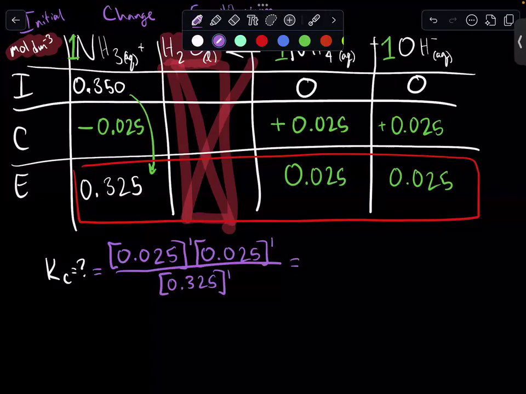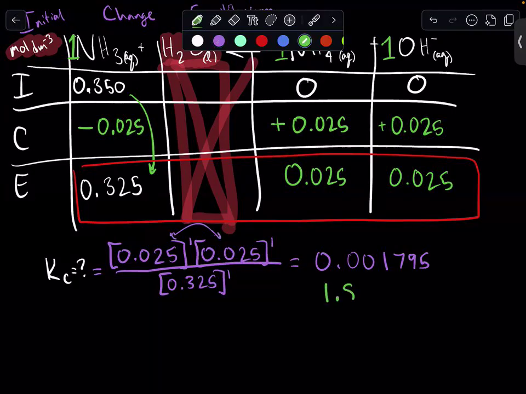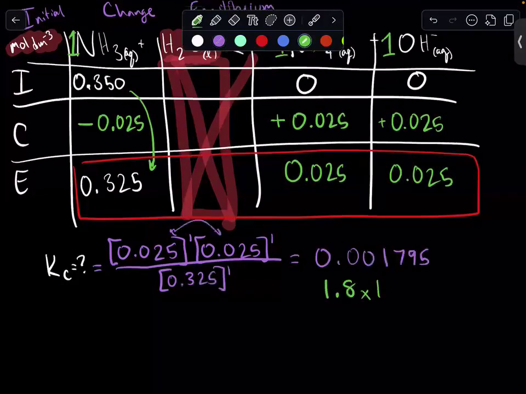And when I plug this into my calculator, I just get 0.001795. I'm going to round to 3 sig figs. In this case, technically, I'd be rounding to 2, so we'll just round it to 2 sig figs, and we'll get our answer of 1.8 times 10 to the minus third. So that is my value for Kc.